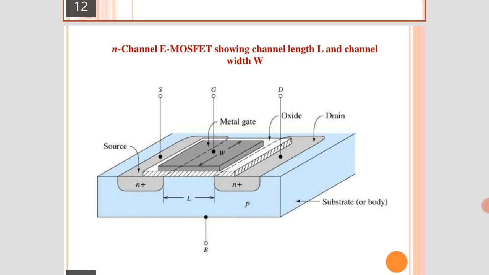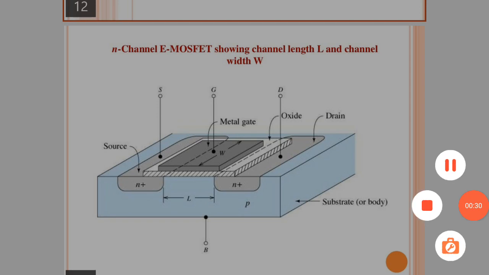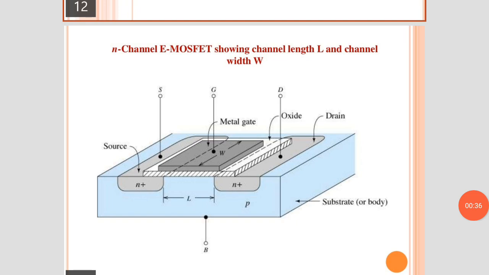As shown in the slide, we see the channel length L and channel width W. So how is the channel length L changed? There are basically three terminals in a MOSFET: drain, gate and source. Source is connected to the N plus N-type material, then gate, and third is drain.